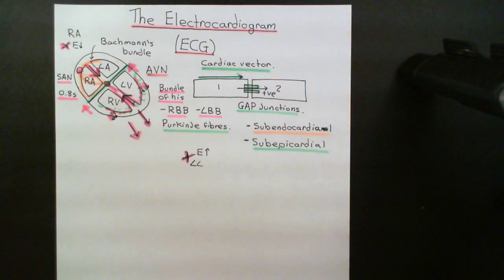When I was introducing the ECG, I told you that often what's actually done clinically is what's known as a 12-lead ECG, and a 12-lead ECG is in fact 12 different ECGs. We're going to start simple and try to understand one of these 12 leads.